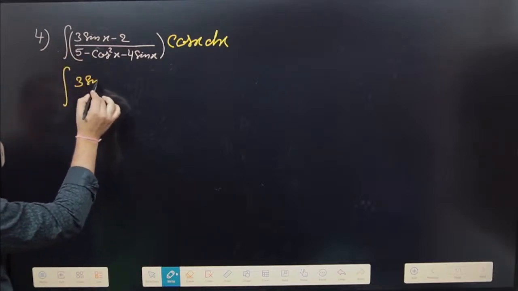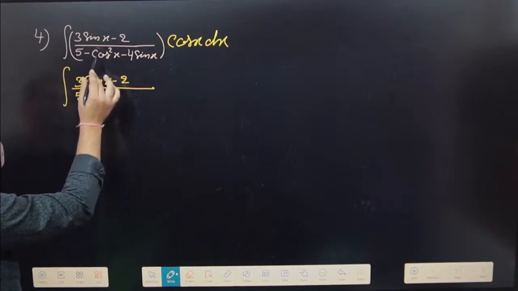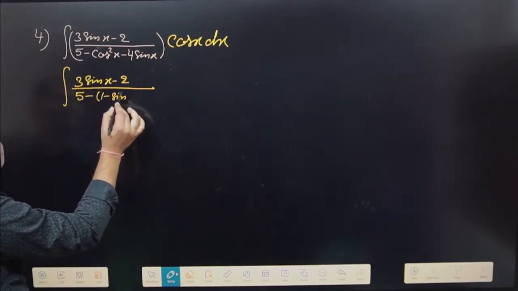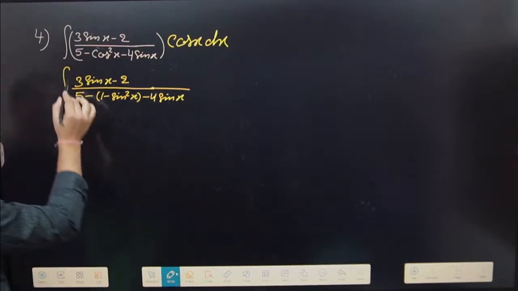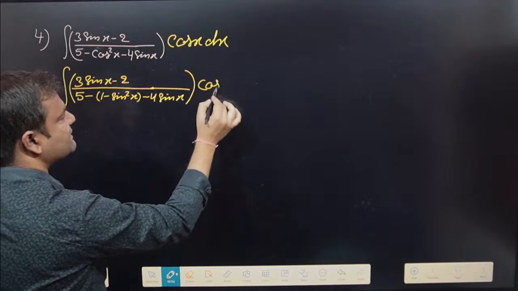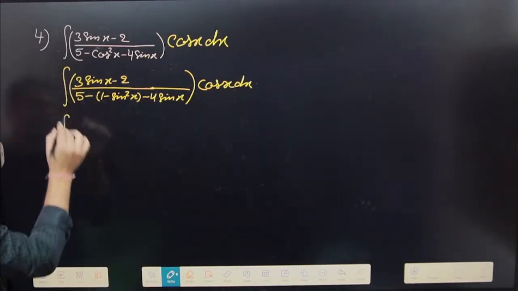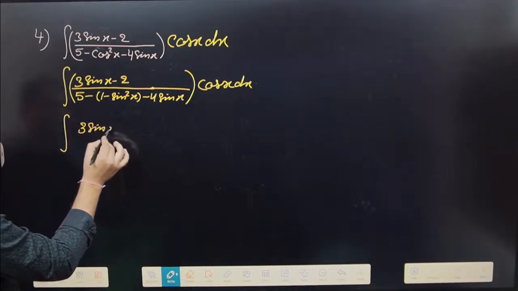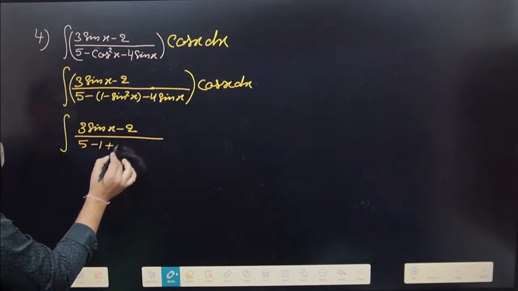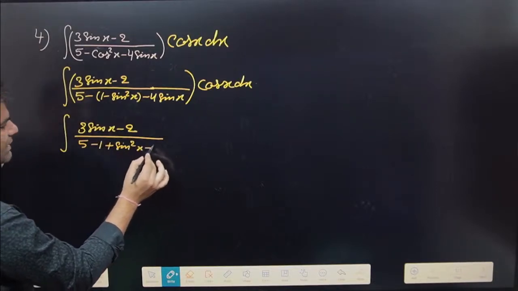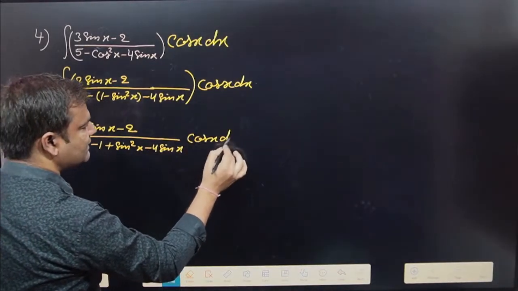So that's why we focus on this: written as 3 sin x minus 2 divided by 5 minus cos square, which is replaced by 1 minus sin square x, and here 4 sin x, into cos x dx. After that, this is written as 3 sin x minus 2 divided by 5 minus 1 plus sin square x minus 4 sin x into cos x dx.